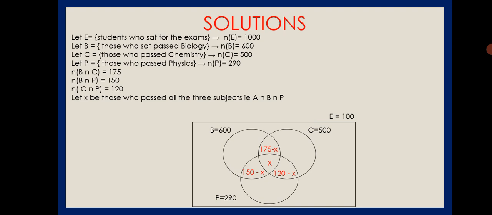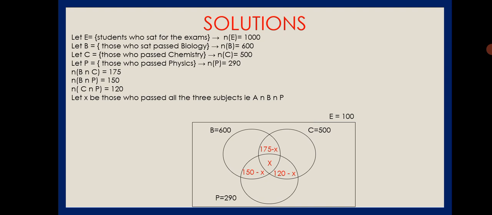Since we are looking for x, we say that 175 minus x, 150 minus x, 120 minus x. B intersection C is where we have written 175, one of the regions.